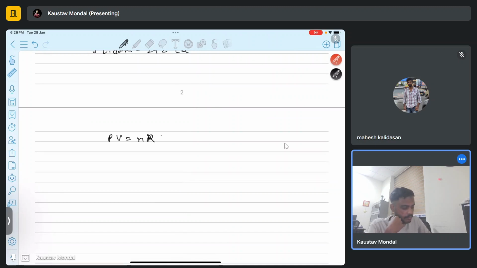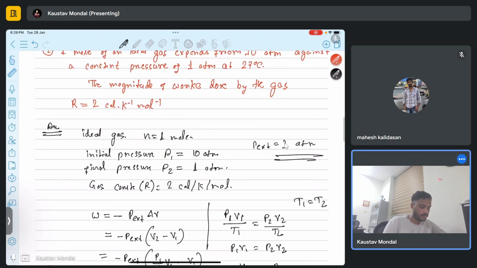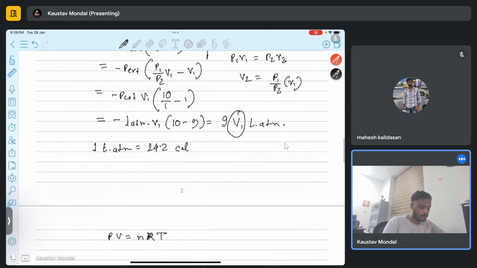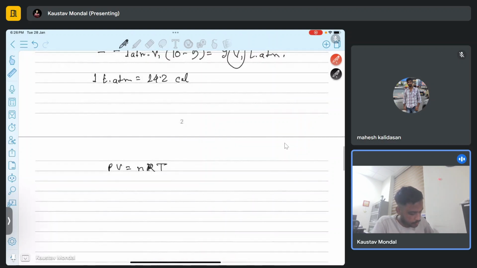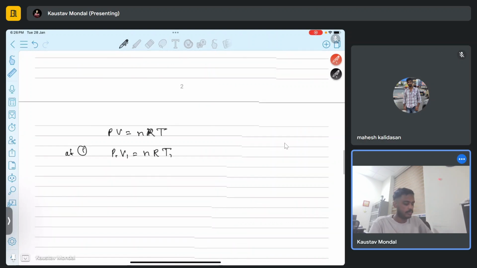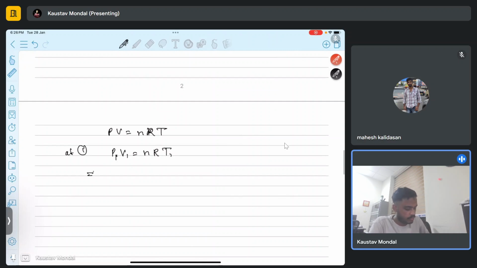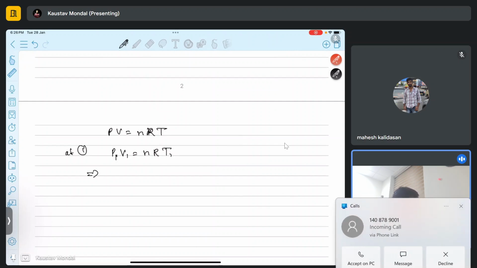Initially, P1 V1 equal to nRT1. So from here we can easily calculate V1: V1 is equal to nRT1 by P1.